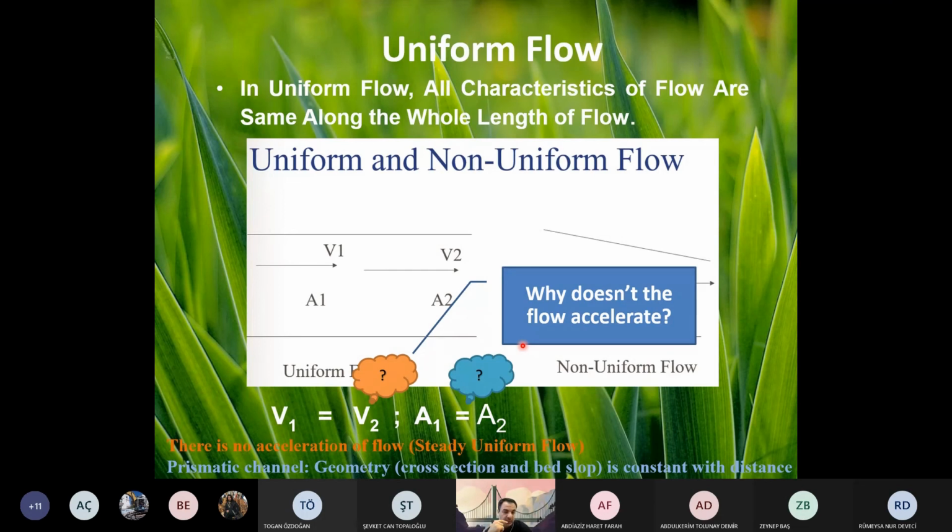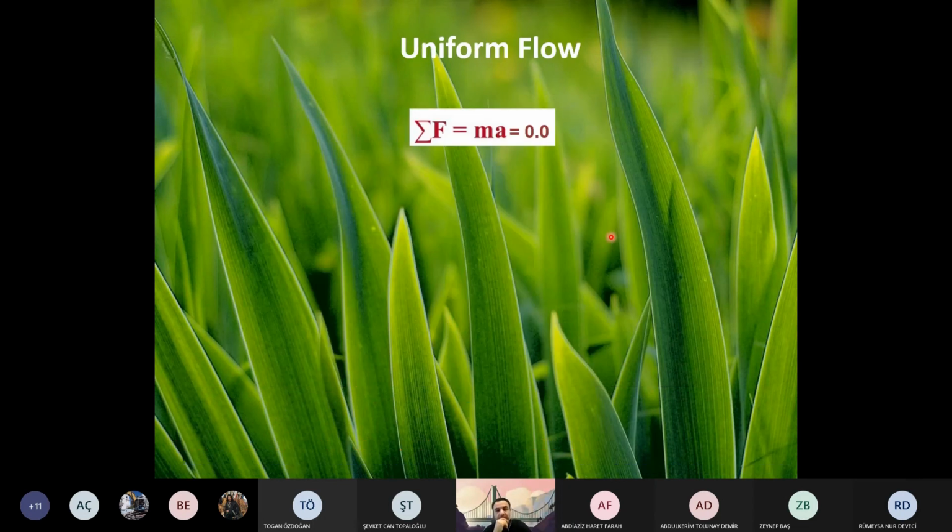From that point, you might be able to answer for the flow of a river. In order to be able to answer that question, you might use this formula, Newton's second law.